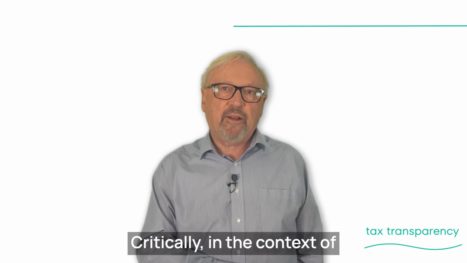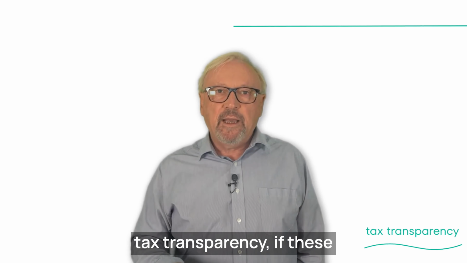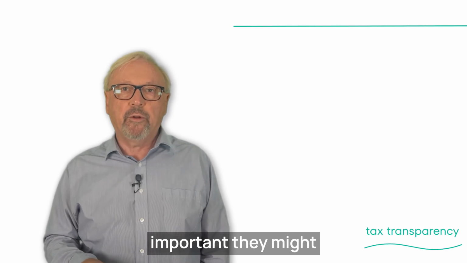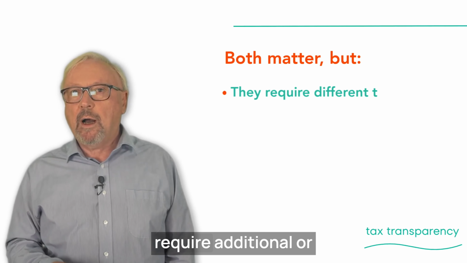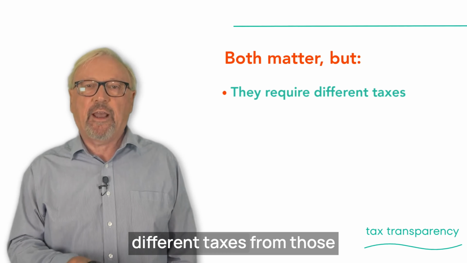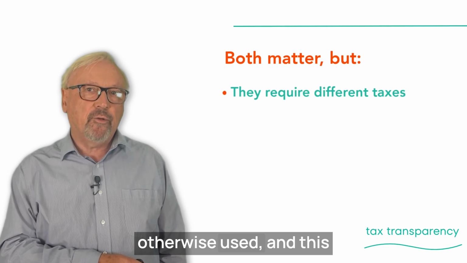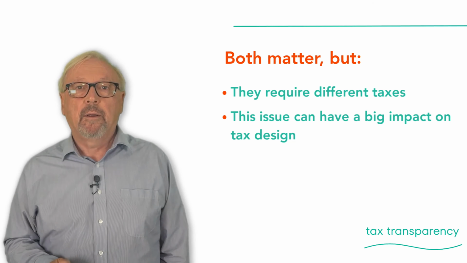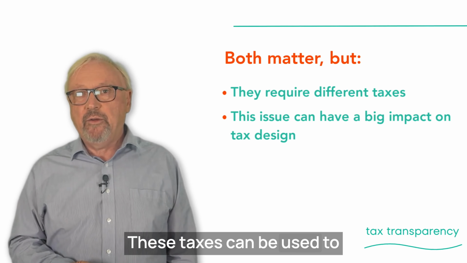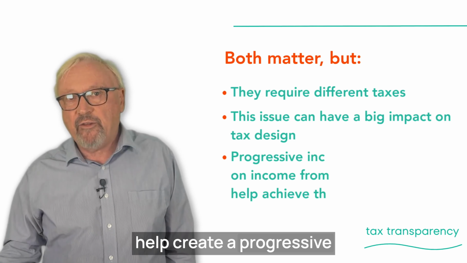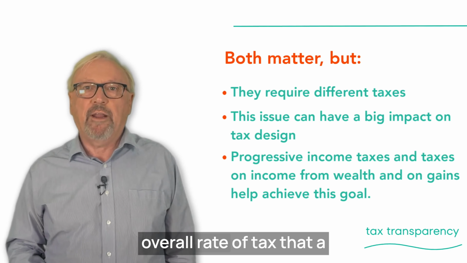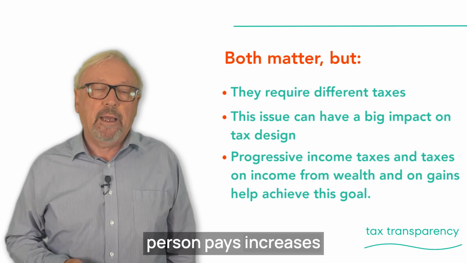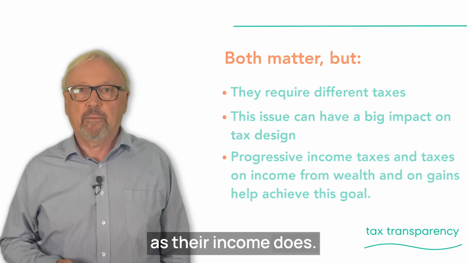Critically, in the context of tax transparency, if these issues are considered important, they might require additional or different taxes from those otherwise used, and this can have a big impact on tax system design. These taxes can be used to help create a progressive tax system where the overall rate of tax that a person pays increases as their income does.